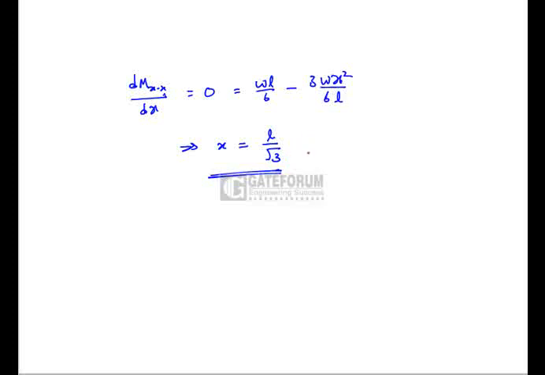Now substitute this value of X in the bending moment equation, then we can get the maximum bending moment induced in the beam.